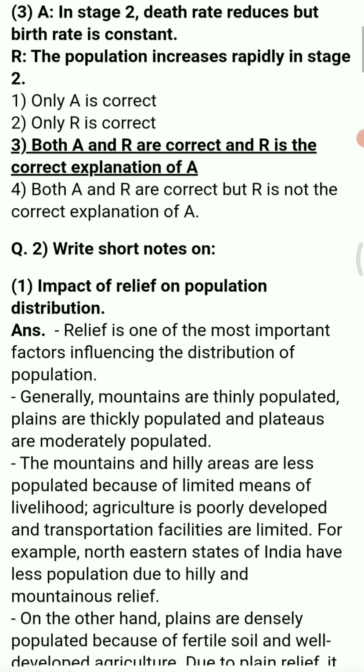Next question. In stage 2, death rate reduces but birth rate is constant. And the reasoning is: the population increases rapidly in stage 2. Now we are aware of the demographic transition model, which we have already studied in this chapter, in which we have a total of 5 stages. We have to be specific with stage 2, that is the early expanding stage.